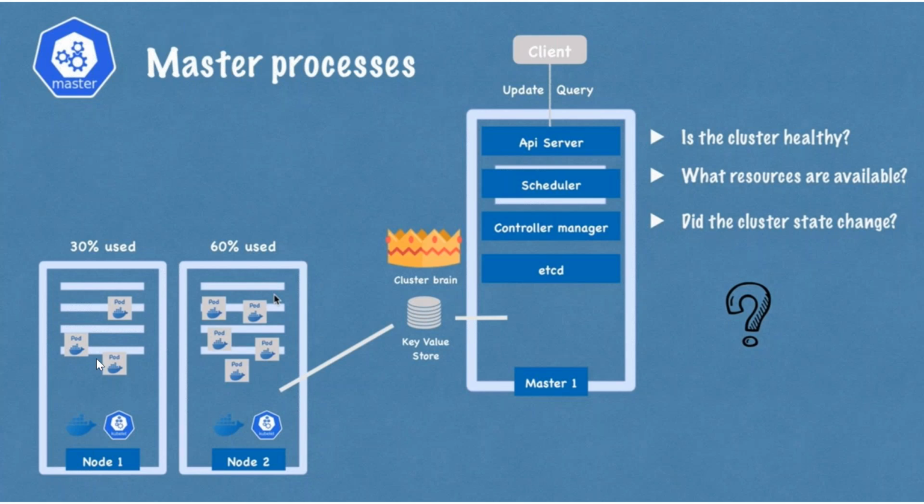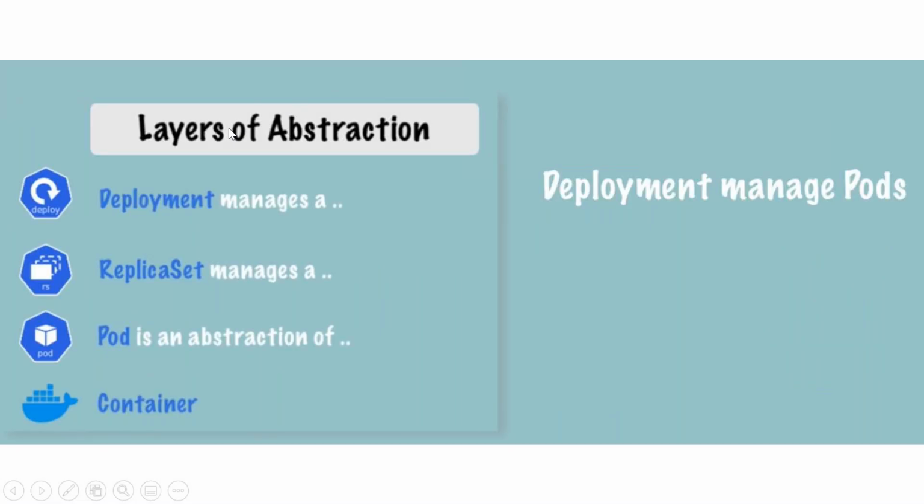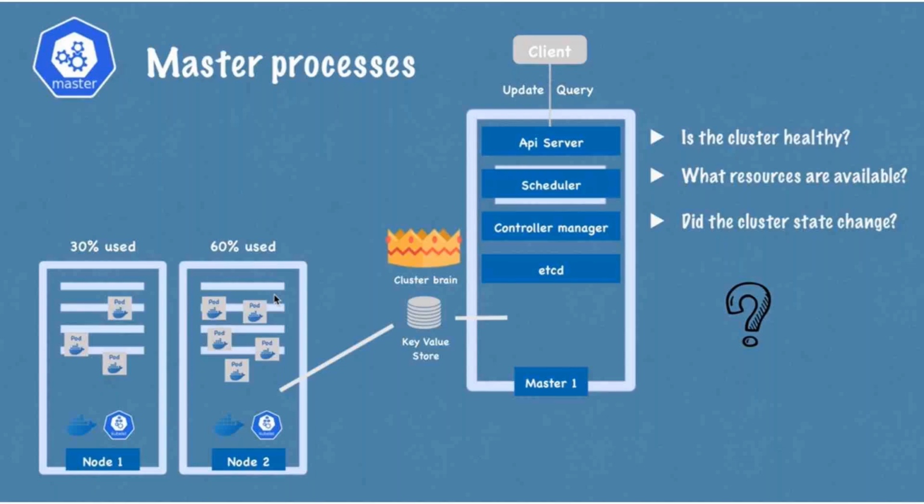If this is a container, it is the innermost, the one that is going to do the actual work. But on top of the container, Kubernetes puts a layer of abstraction called a pod. So in Kubernetes terminology, I will say pods are actually doing the work. Or if I go deep inside, I will say the containers running inside the pod are doing the work.